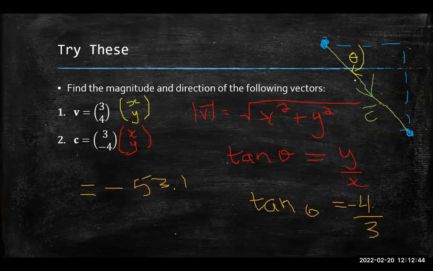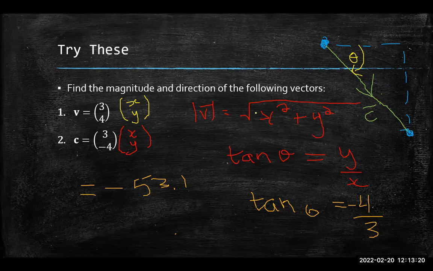Whenever you measure an angle in a clockwise direction, it is always negative. Negative angles are measured in a clockwise direction. Because I am going in a clockwise direction from my x-axis to this vector, my angle is negative. And that is why you got negative 53.1.